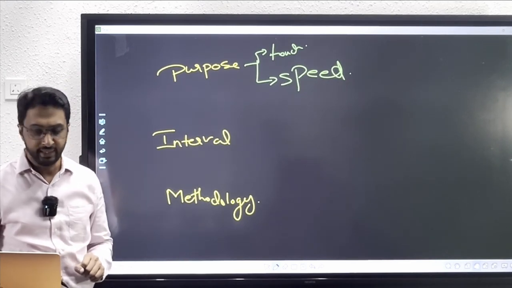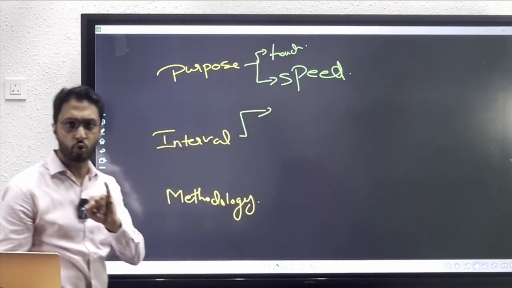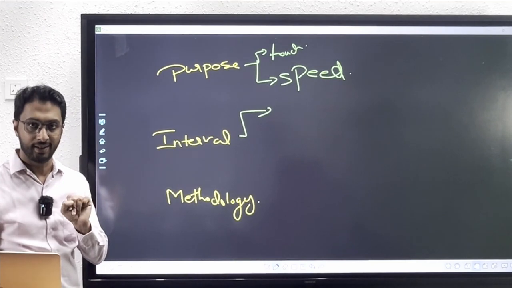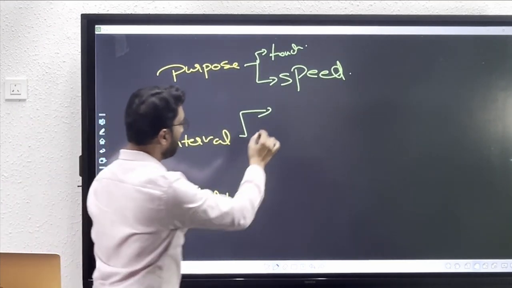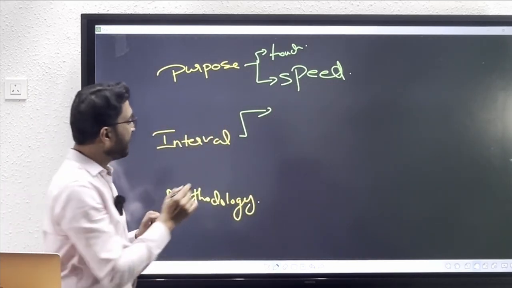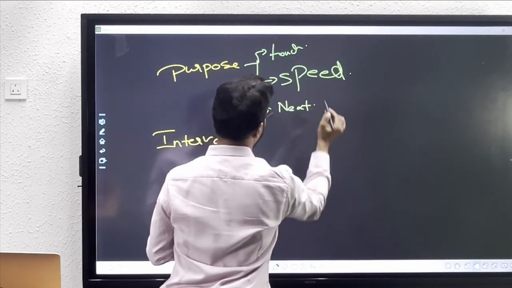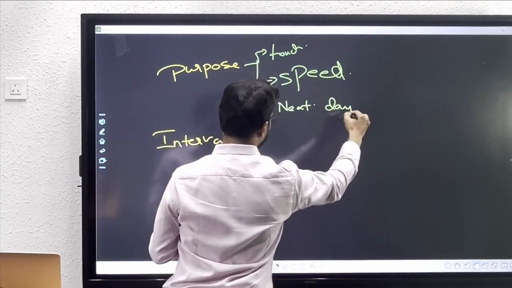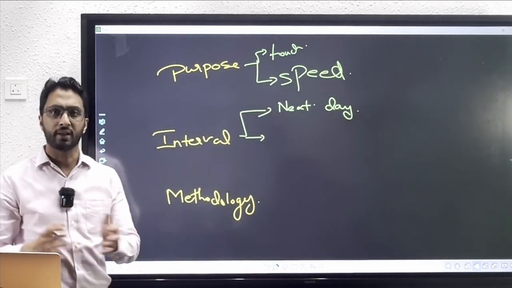Now the interval, how frequently should you revise? As I've told you, one is same day. Same day you have to review the notes in 20 minutes. That's the part of the notes. Next is your next day morning. You ask any topper, they say the first thing I do every day morning is to just review what I've learned the previous day.